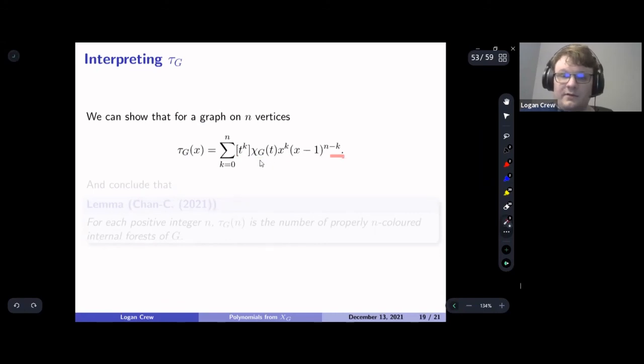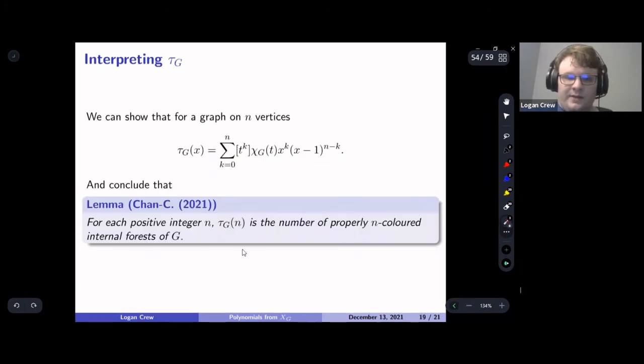So we notice that from this evaluation, we can actually immediately conclude that tau g of n is actually just the number of properly n-colored internal forests of G. This just arises immediately from this intermediate step.